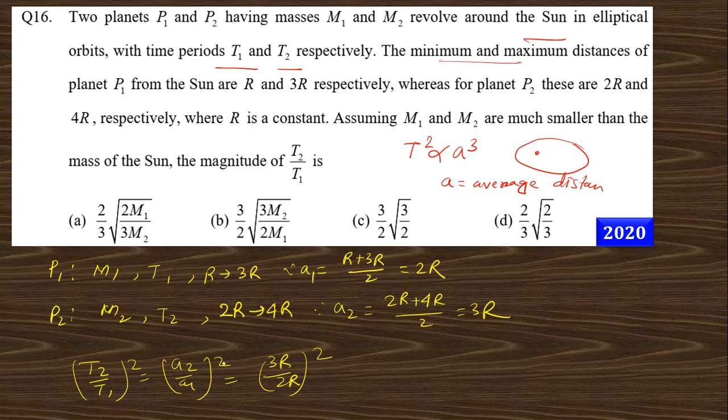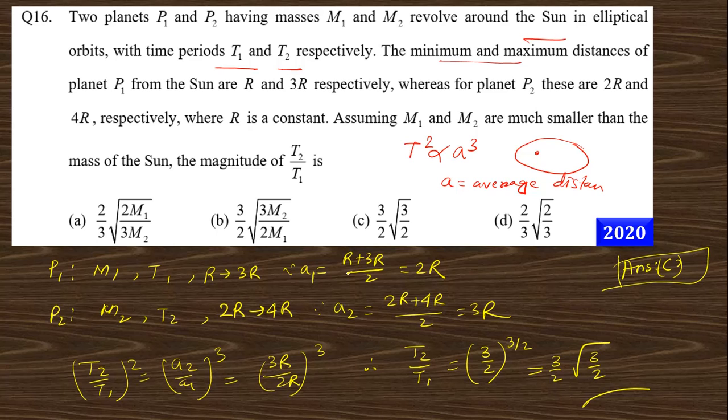T square is proportional to a cube. So this will be cube. So you can say t2 by t1 is nothing but 3 by 2 whole to the power 3 by 2. So this is 3 by 2 root 3 by 2. This is the answer of this question. So option number C is the correct answer of this question.